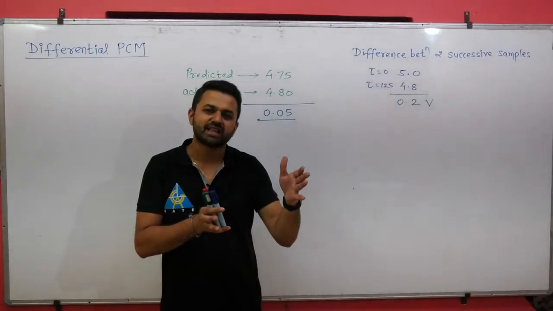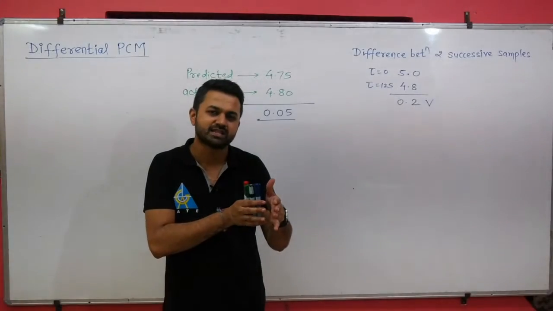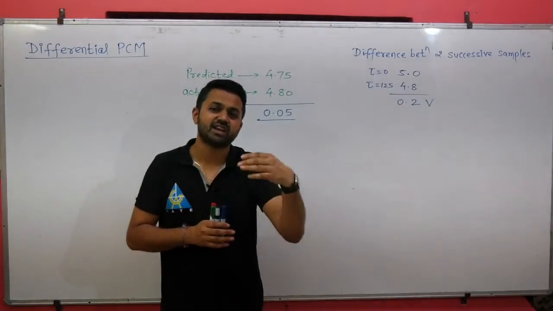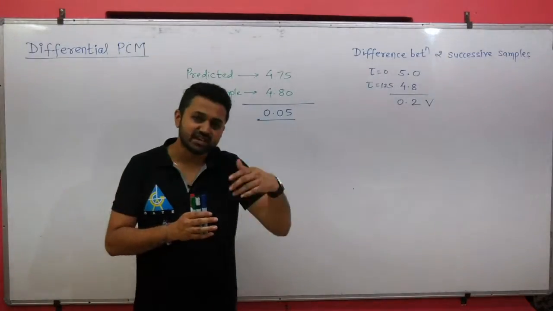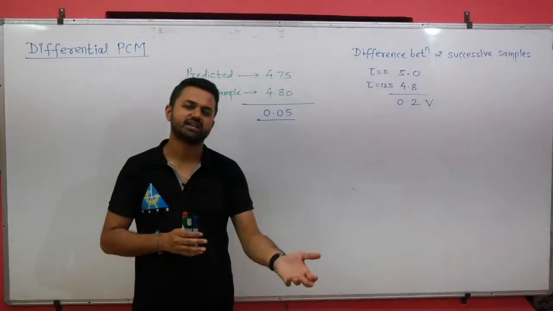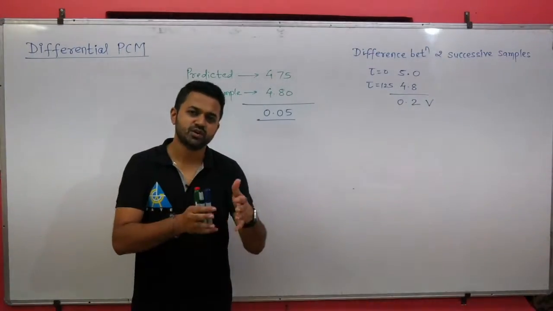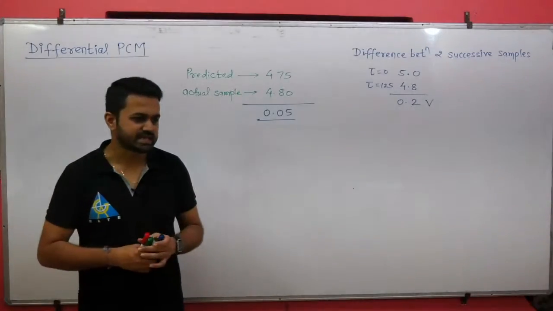Now if we take the difference between these two samples, the difference is even less. So if the difference is less, the step size is even less, and if the step size gets reduced, then the quantization noise power will be reduced for a given quantization level. Is it clear?